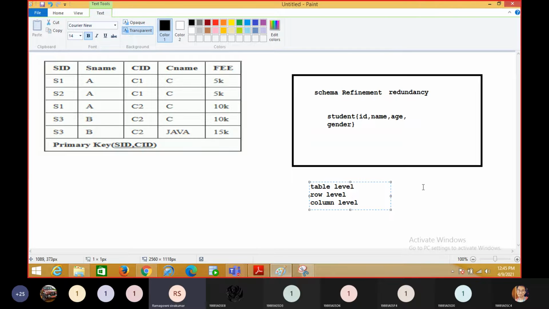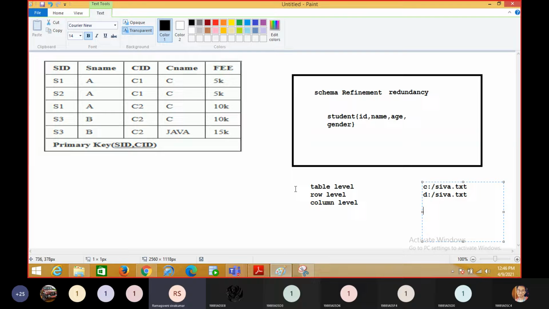Table level redundancy: see, here we have one file, schema.txt, available in C drive. The same file is available in D drive also. This is table level redundancy. We are creating copies of the tables in different drives. So this is one type of redundancy.